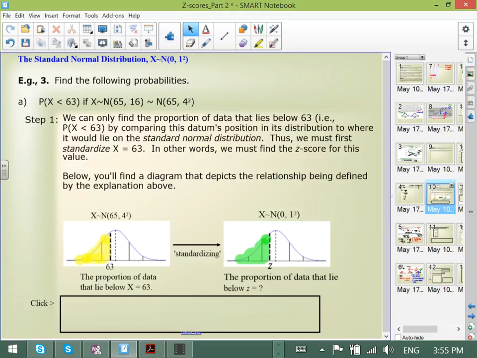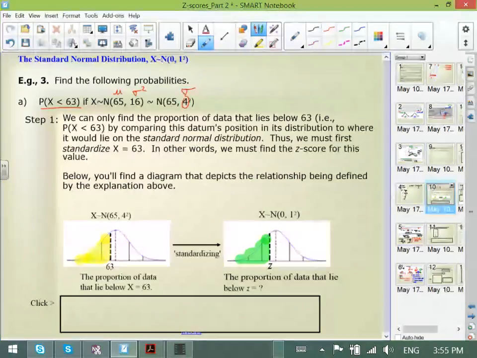So here's an example that one could use to solve a Lauren and Kaylee problem. We're asked to find the proportion of data, or the probability, that a datum lies to the left of 63, where we have a population mean of 65, and a variance of 16, that is, a standard deviation of 4.